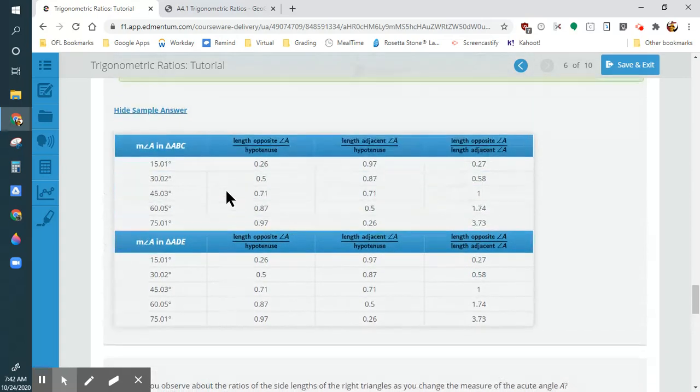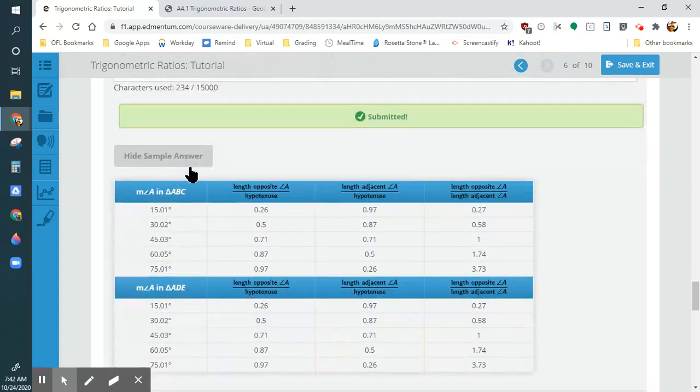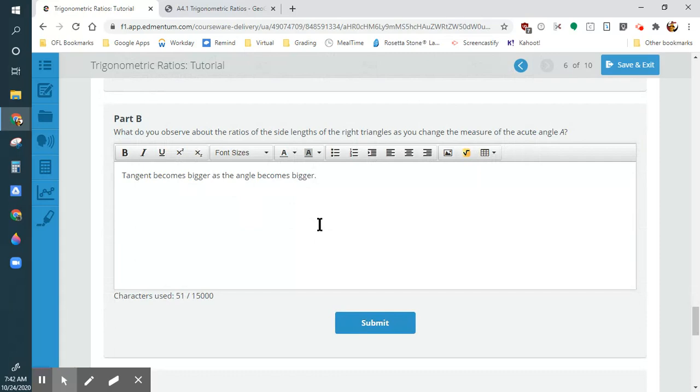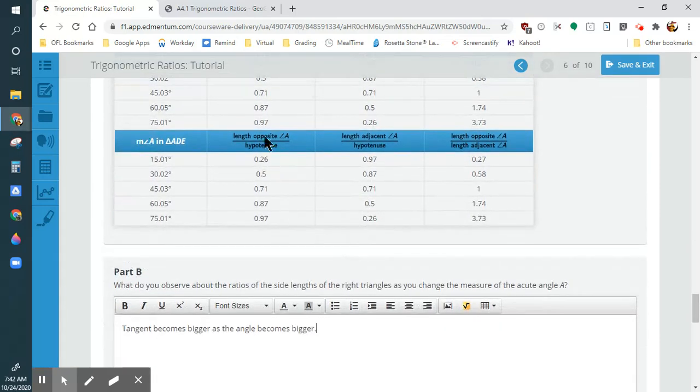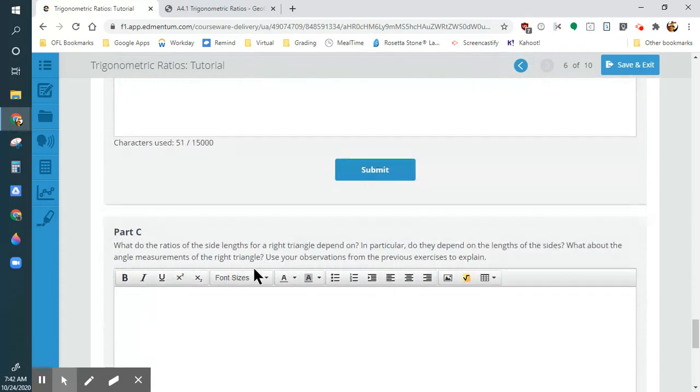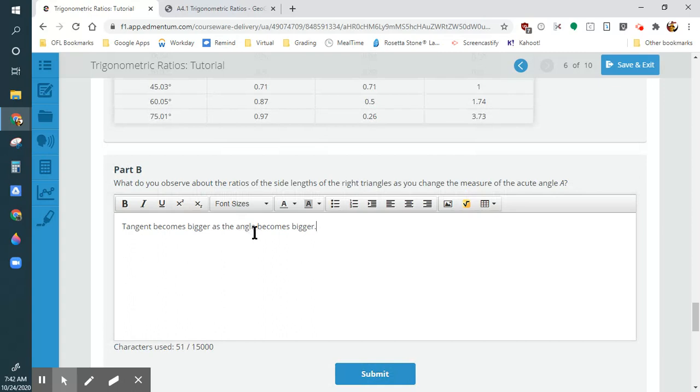Oh, and I don't think you guys have learned the name for it. Tangent is opposite over adjacent. Well, you guys know now. The next one we're going to learn about is sine. Sine also becomes bigger. So not just tangent, tangent and sine become bigger.